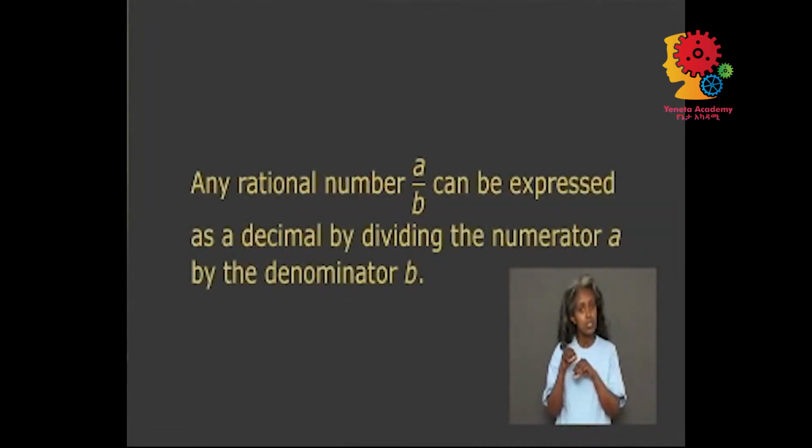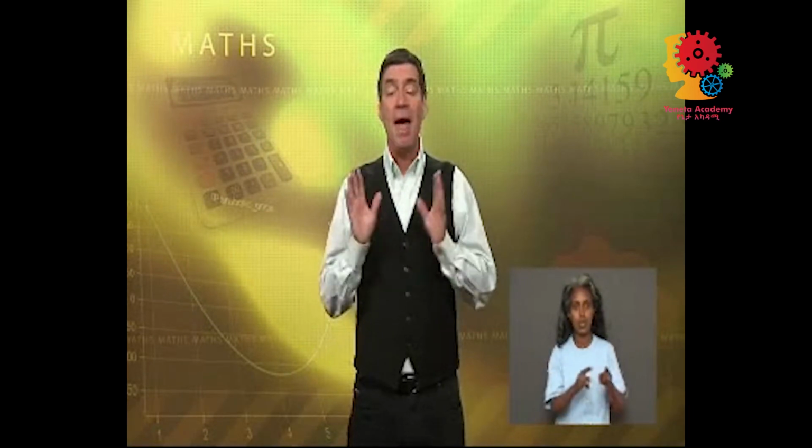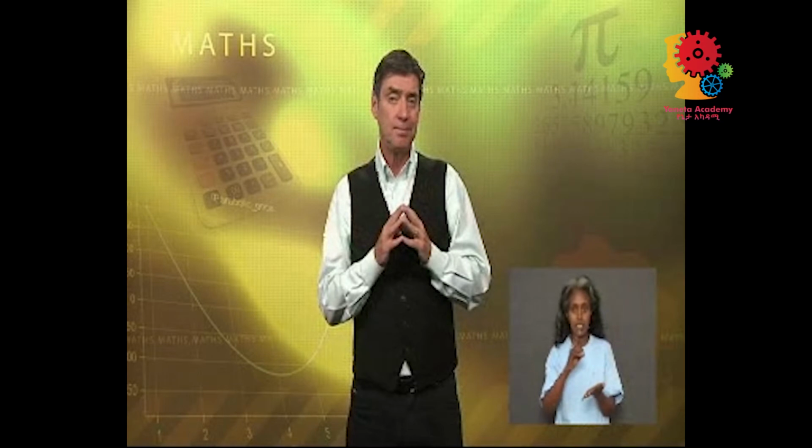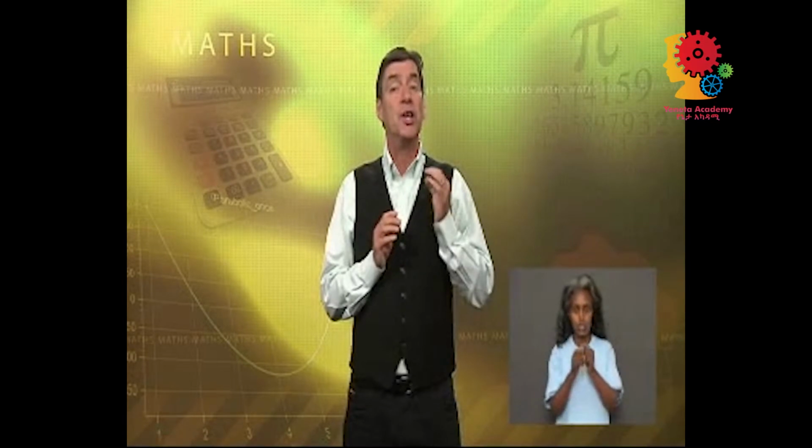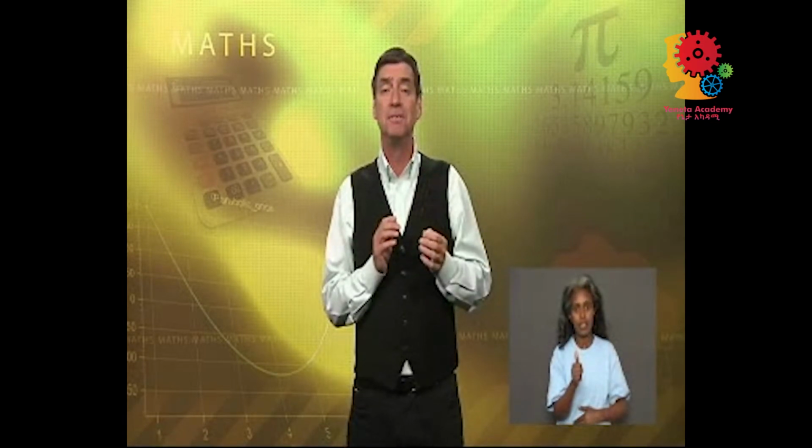Students, we have just seen that any rational number a over b can be expressed as a decimal by dividing the numerator a by the denominator b. In the same way, every terminating decimal can be expressed as a fraction with a denominator of 10, 100, 1,000, and so on.